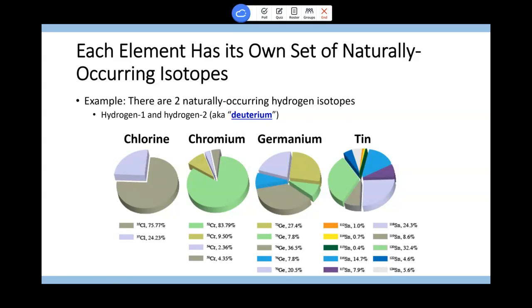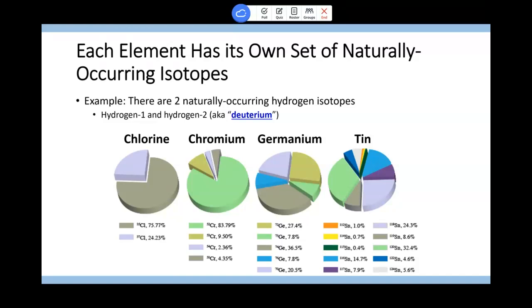Germanium has more. Tin has a large number of different isotopes. So these are all of the naturally occurring isotopes. The mass of each element that we see on the periodic table is an average of all of the masses of the different isotopes, taking into account the percent abundance of each one. So we'll do that on Friday.